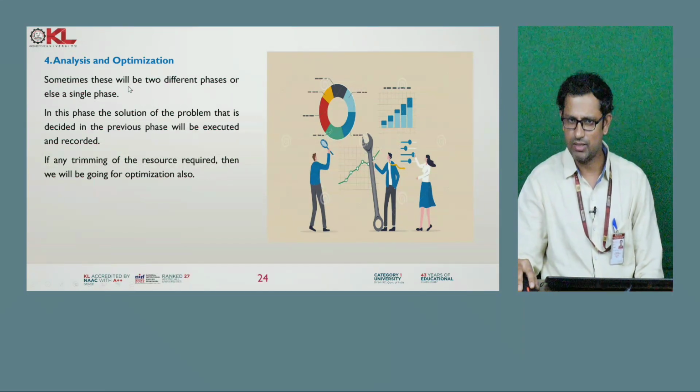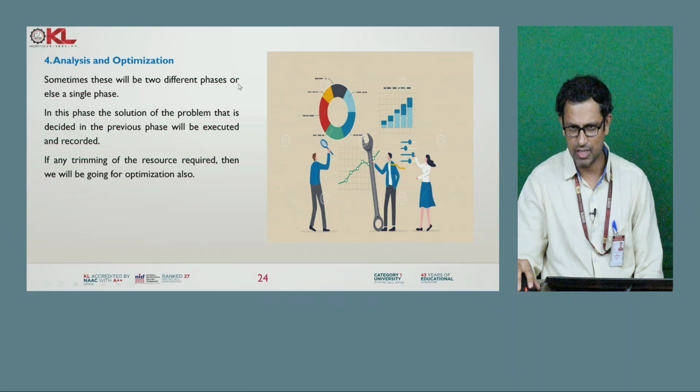For that solution we have to do the analysis, that means whatever the dimensions, shape, size, and form I have considered, whether all those parameters are correct or not. If I take that, will it satisfy the function of my product or not, and whether I have to do any optimization to satisfy my functional requirements.